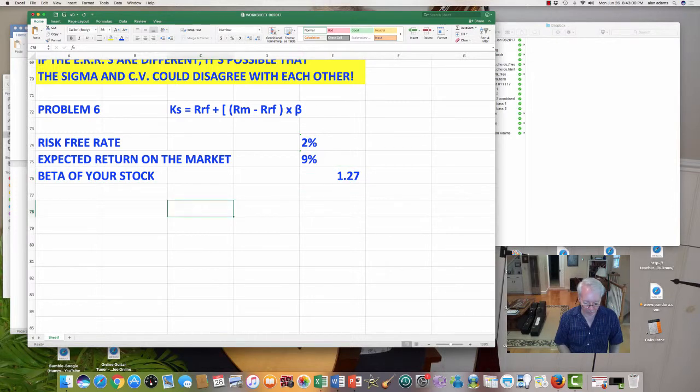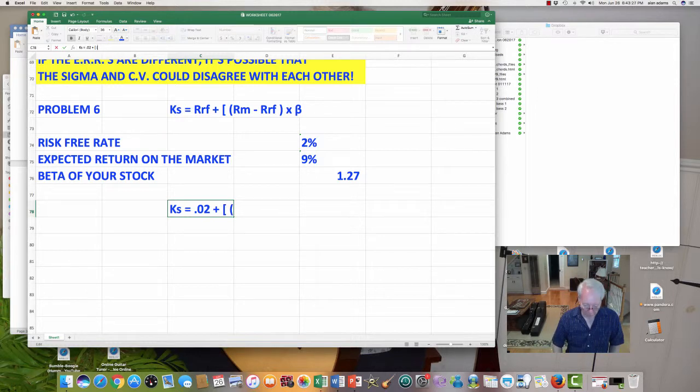We're going to find K sub S. K sub S is going to be equal to, in this case, 2%, 0.02, plus a risk premium. The whole thing is going to be noted in brackets here.